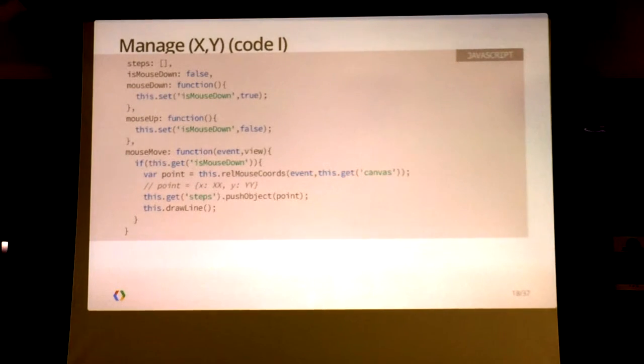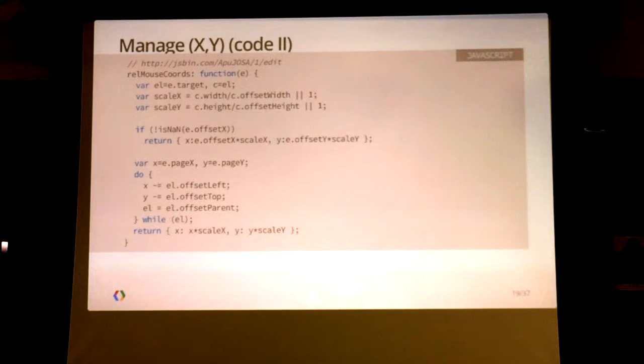That is something I had to go and find with the magic of Stack Overflow, and I'll show that next. But that gives you really accurate XY location inside the element, and then we just push that XY into our steps array, the one from the first line, and then we draw a line. So that's what we're going to be doing with mouse move.